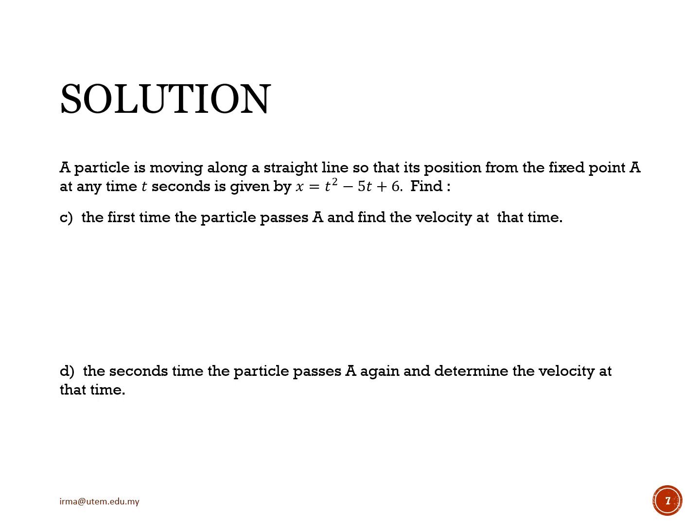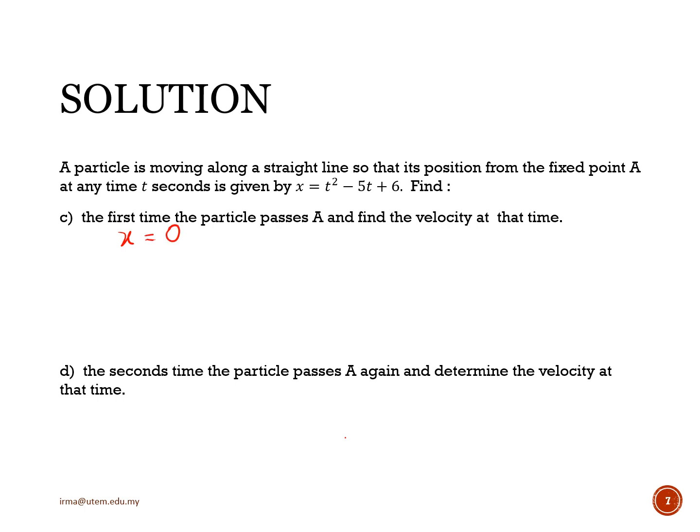Next, find the first time the particle passes A and find the velocity at that time. The position is measured from the fixed point A, so A is the starting point. When it passes A, we have x equal to 0.